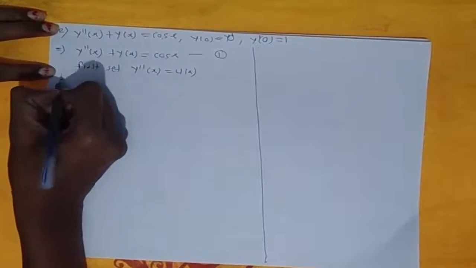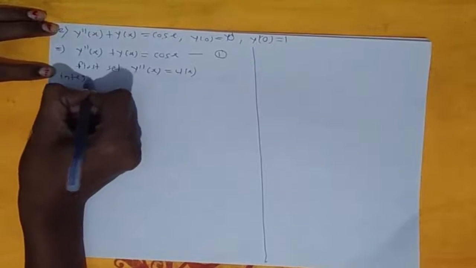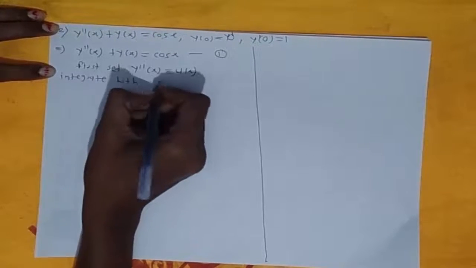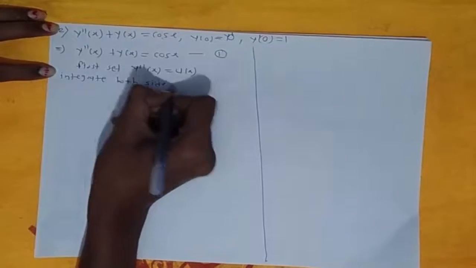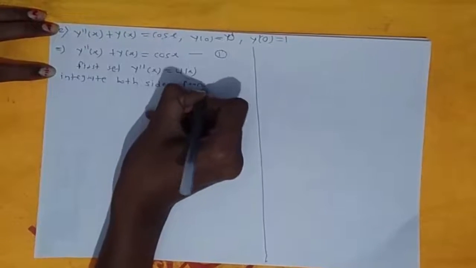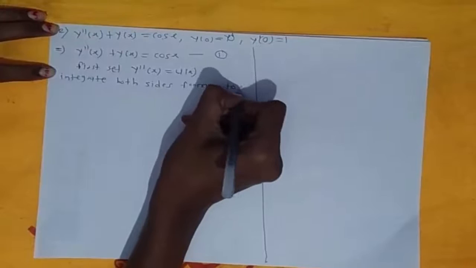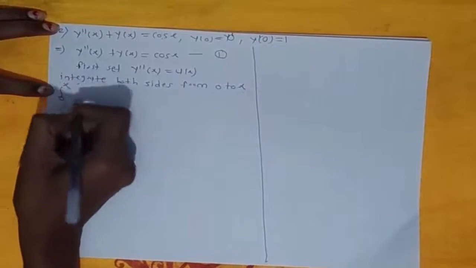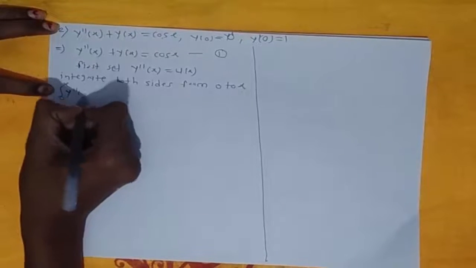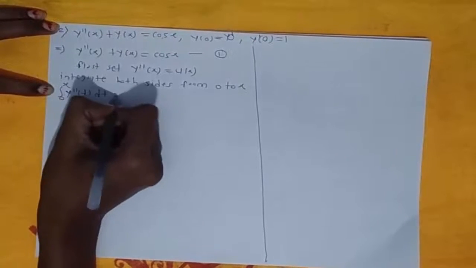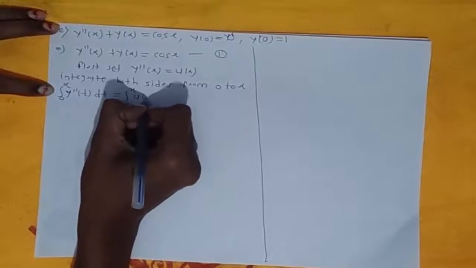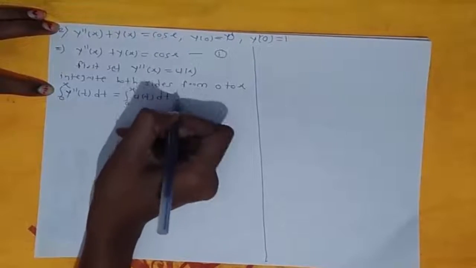Then integrate both sides from 0 to x. We get integration from 0 to x y double dash of t dt is equal to integration from 0 to x u of t dt.